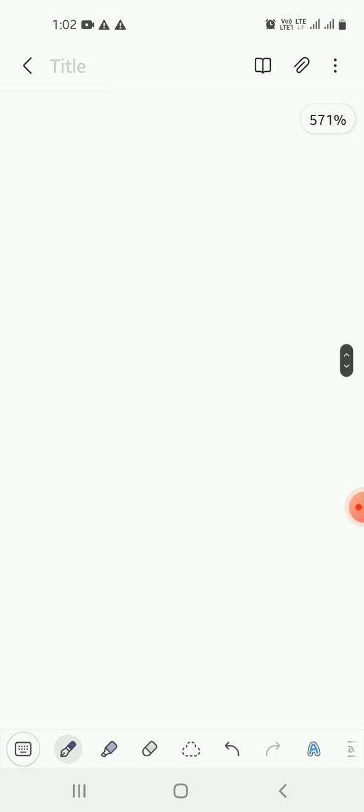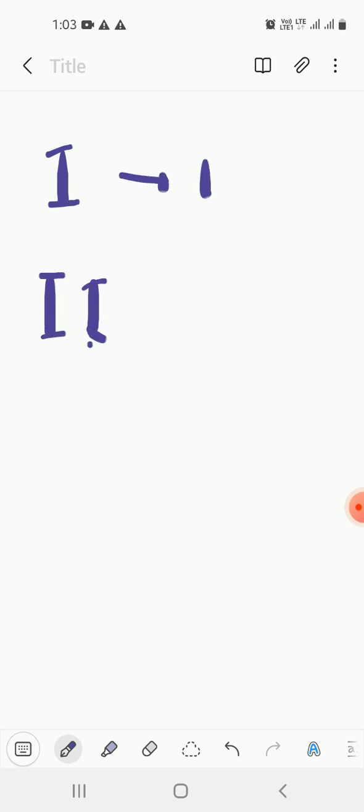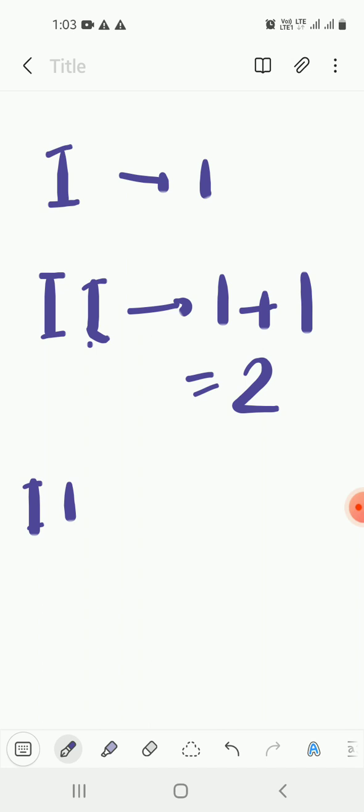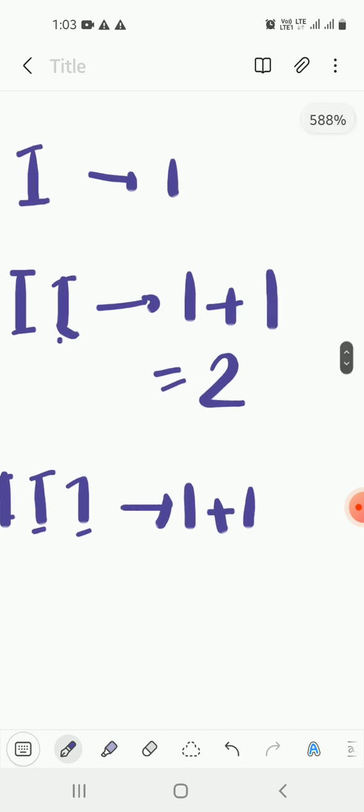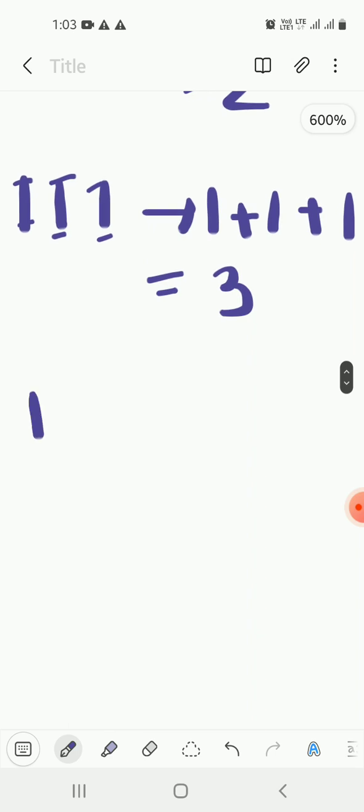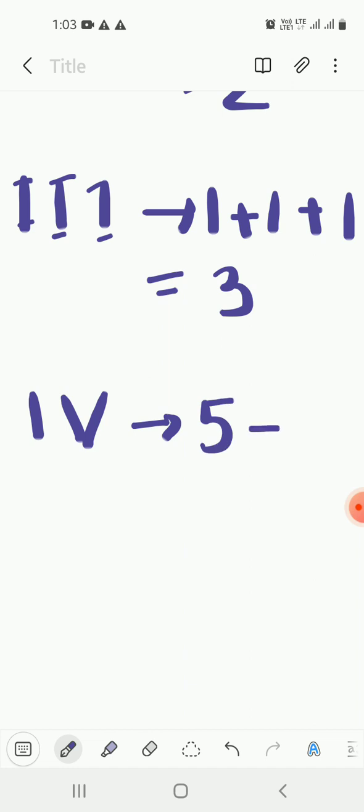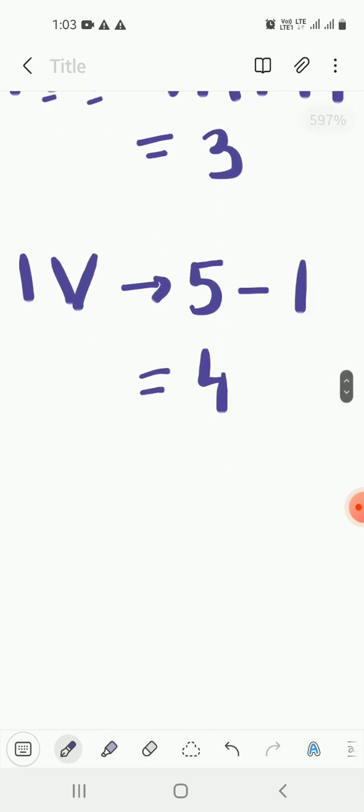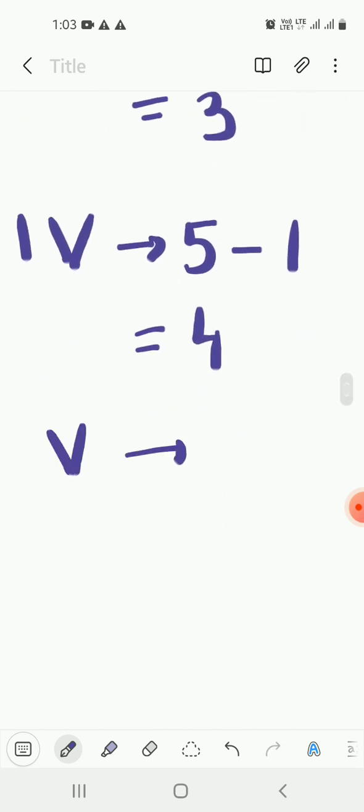So with this I'll show you how we can write all the Roman numerals. For 1 it will be simple I. For 2 we write I I, which is 1 plus 1, which is 2. For 3 we write 3 I's, that is 1 plus 1 plus 1, which is 3. For 4 we write I V, which means 5 minus 1, because I is to the left of V, which means 4. Then V means 5.